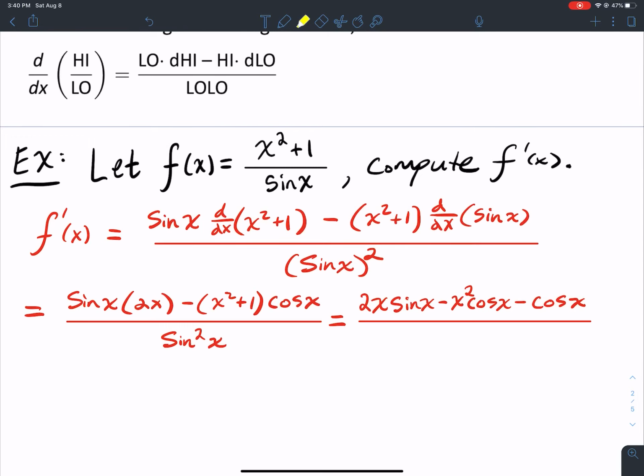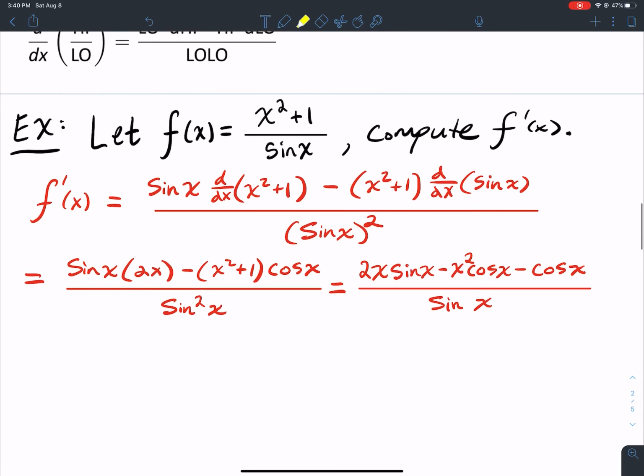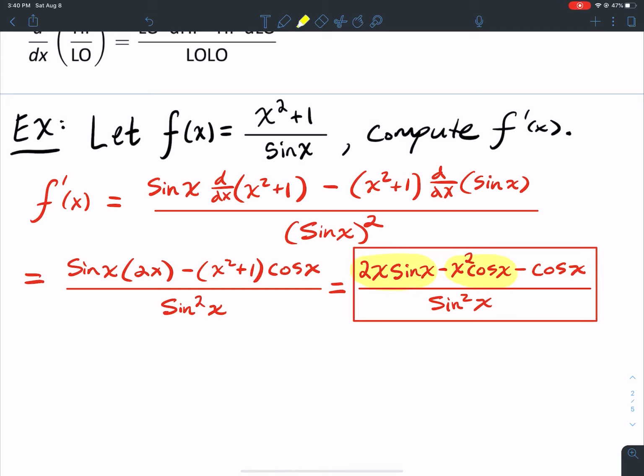All over sine squared. All right, and so that's my final answer there. I cannot combine anything in here. They don't all have x's, and they don't all have cosines, so that's it. That's the most I can simplify it. So with the quotient rule, the derivative of this nasty thing is something even nastier.